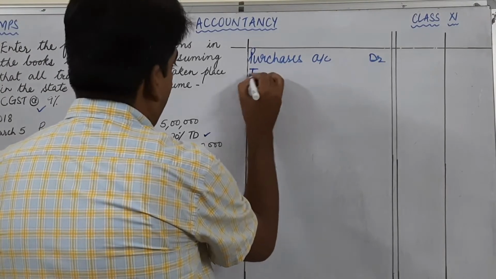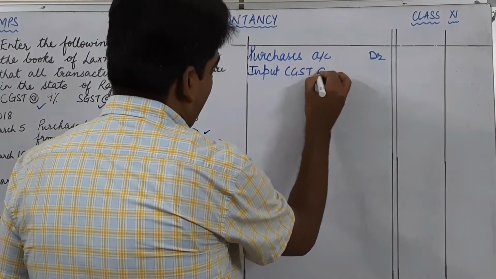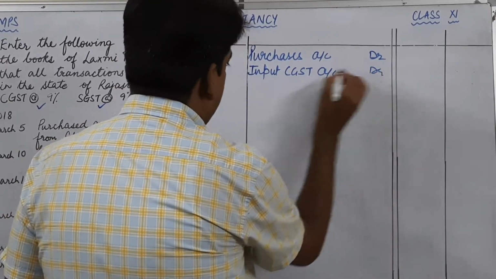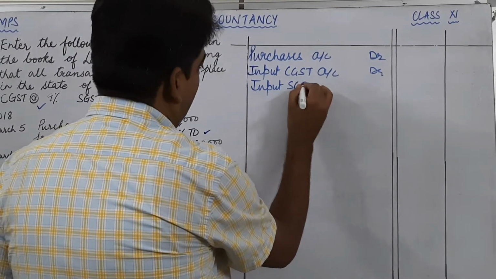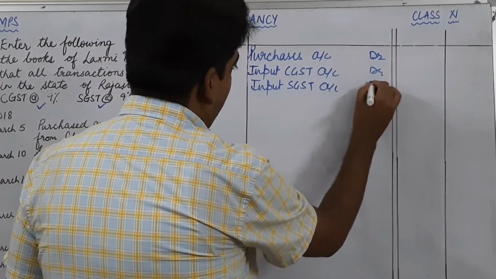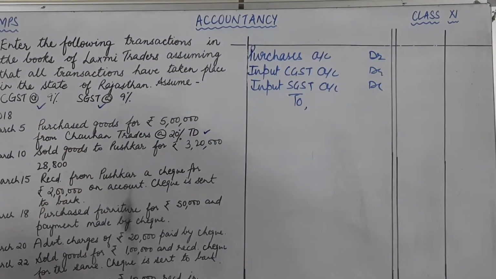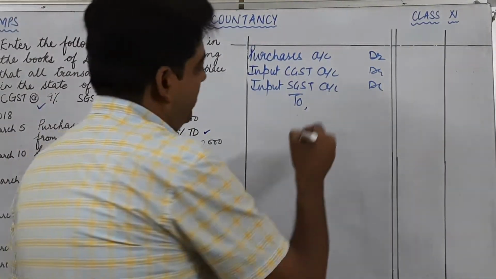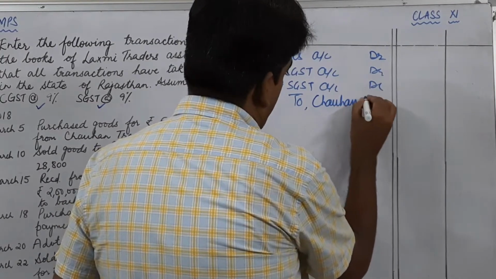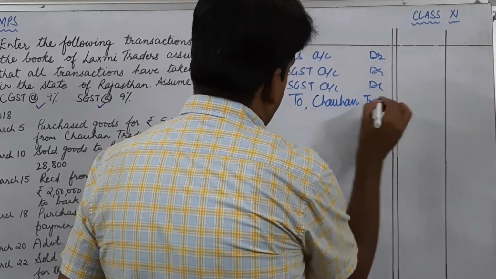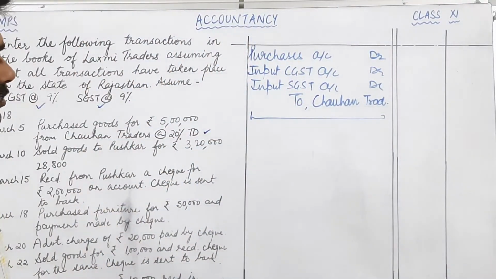So input CGST account will be debited and input SGST account will be debited, and you can see this is our credit purchase of goods. So we will credit Chauhan Traders. A very simple narration will come, that is goods purchased from Chauhan Traders.